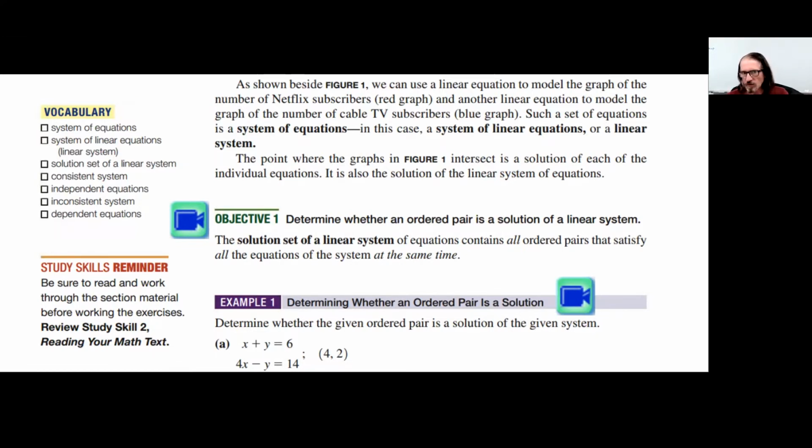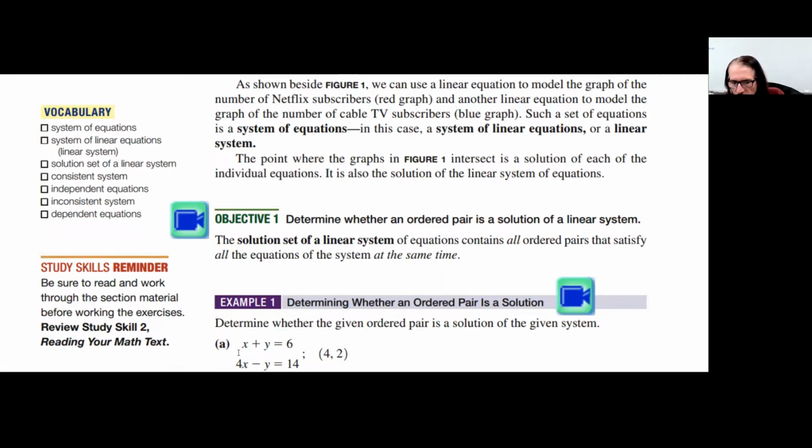We're going to restrict our attention right now to systems of linear equations. For example, we have two linear equations right here. Furthermore, in this section, we're going to restrict ourselves to viewing two linear equations with two variables and talking about how we recognize whether something is a solution to one of those systems, and talk about graphical and algebraic ways to solve systems of linear equations.